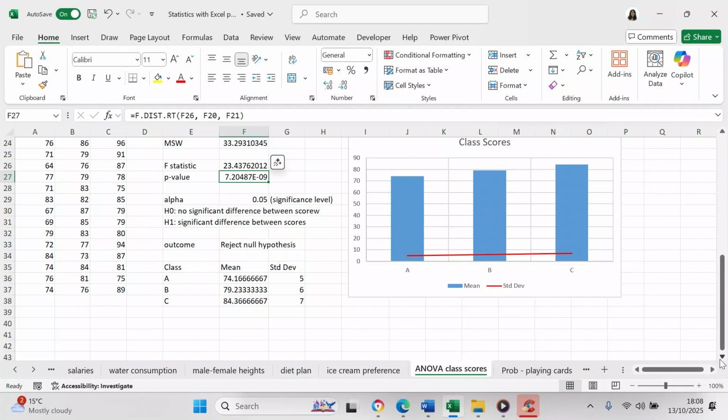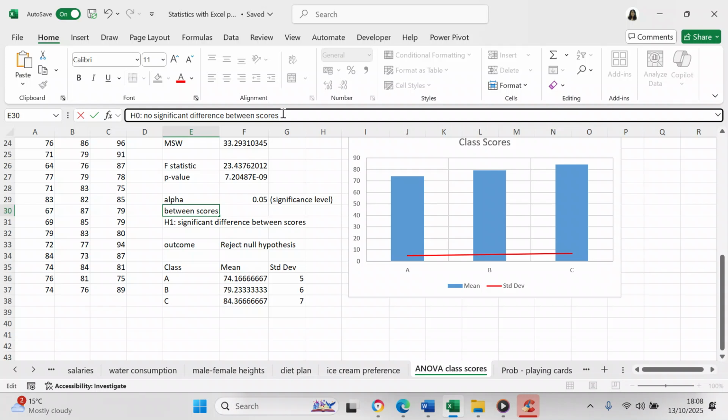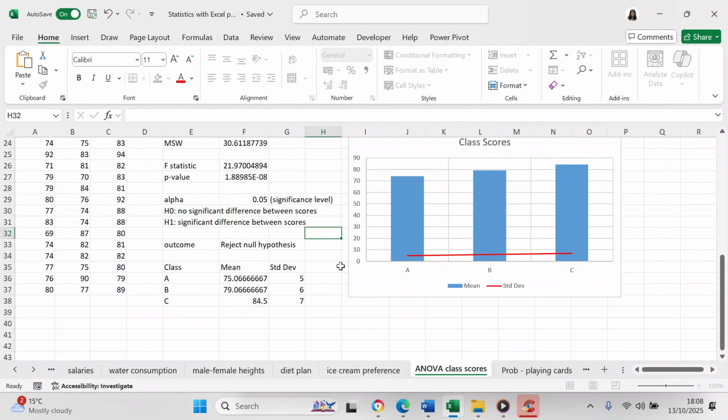The null hypothesis is no significant difference between scores. And your alternate hypothesis is there is a significant difference between scores. The alternate hypothesis can be written either as HA or H1.